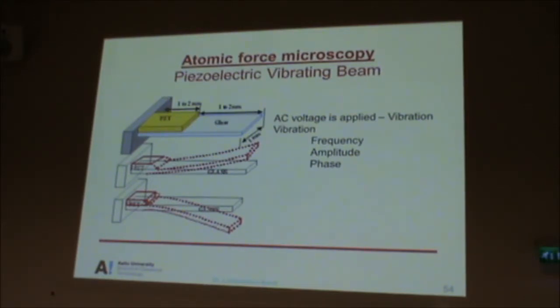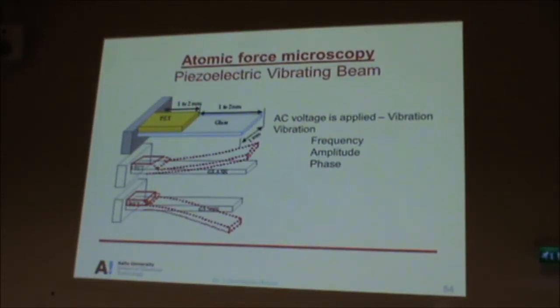Now, phase is... you apply a voltage here, AC voltage, and this is exhibiting a vibration. Now this also has a phase. Okay, I can draw that. Now let's say the AC current that you apply, and the phase is the state of vibration, okay, with time.